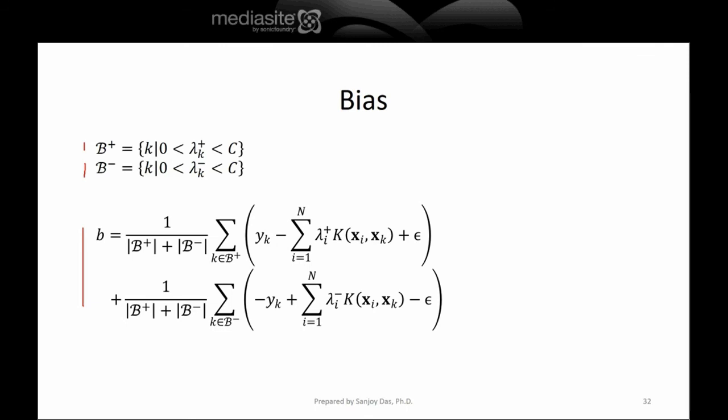And then here, if you see, I have plugged in the expression for W, so I don't have the W here. And what I'm doing is I'm taking the summation over all points in B plus and all points in B minus, and then I'm dividing it by the total number of such points. That's why this is the average value of B that I'm getting.